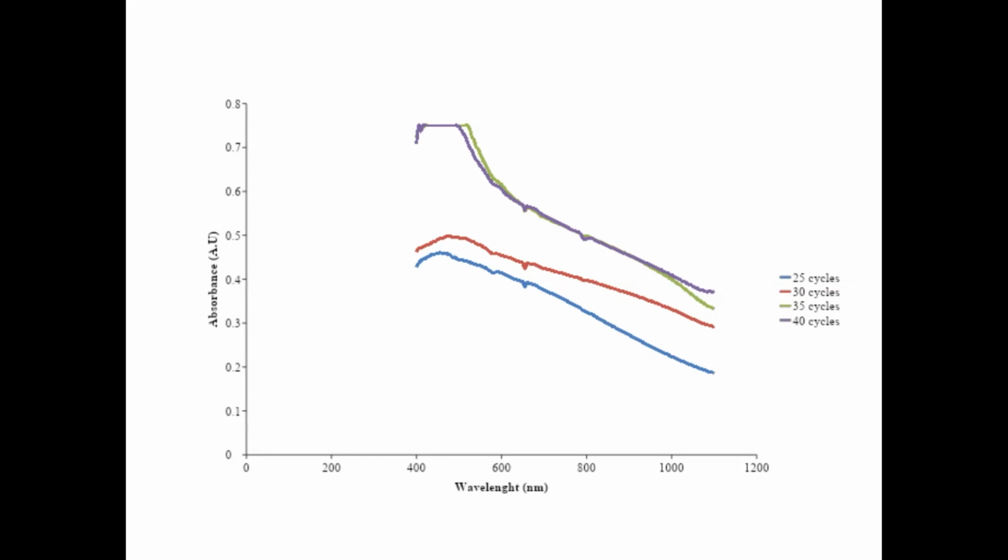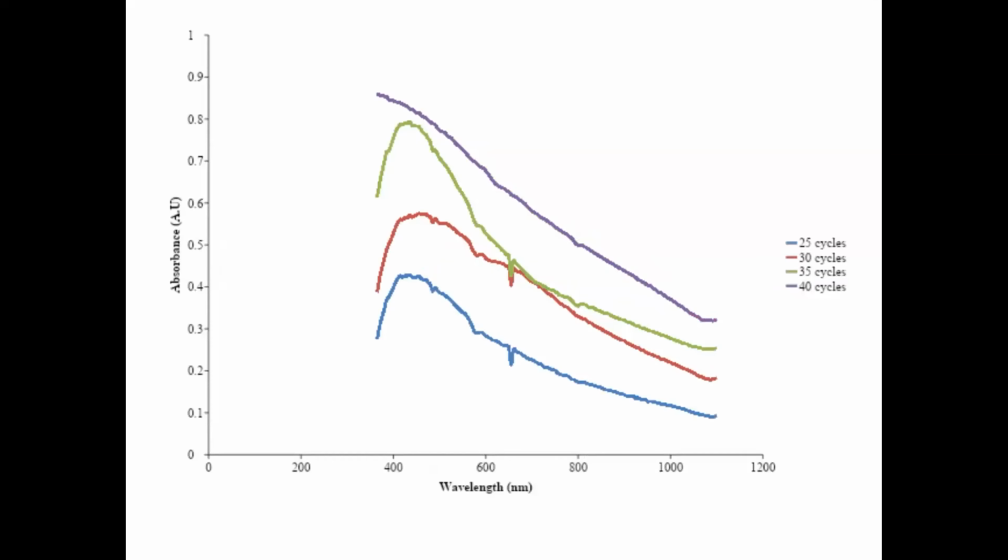The absorbance was higher at 25 cycles for sodium hydroxide, and least at 40 cycles. But what we notice generally is that the absorbance of the deposited thin film of cadmium oxide decreases with increase in wavelength. Please, can you go to the next slide?